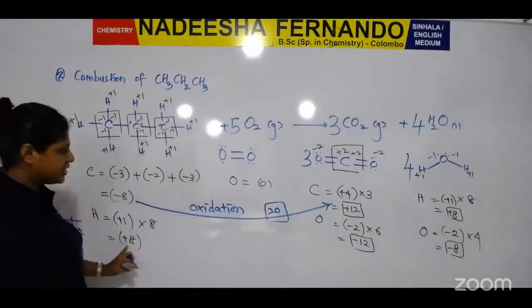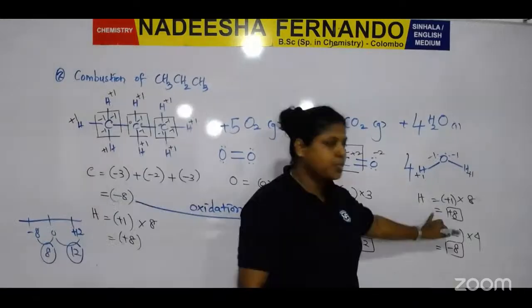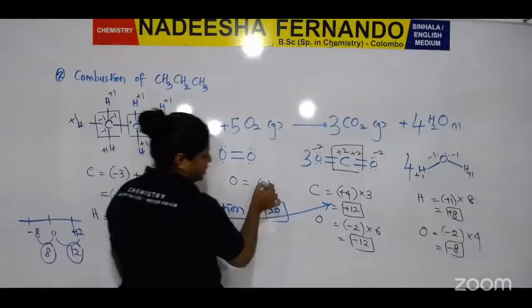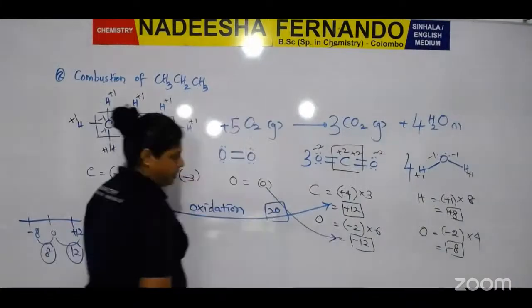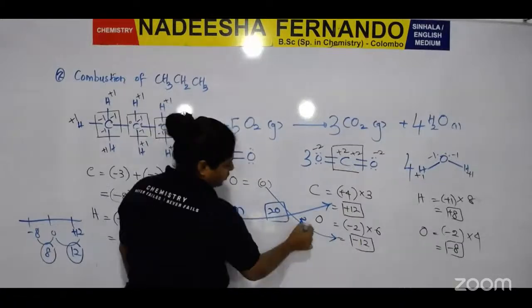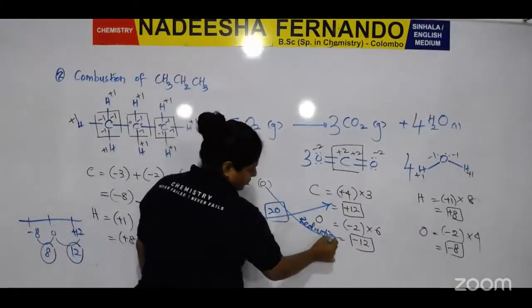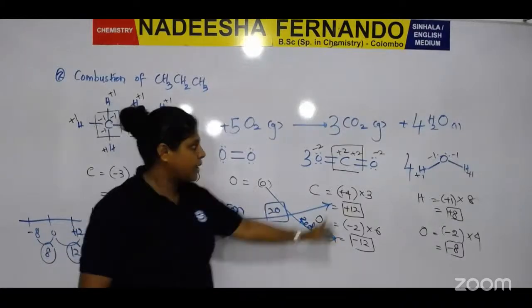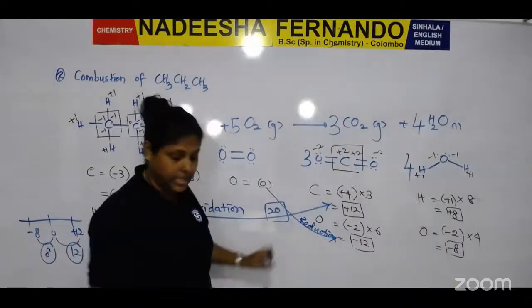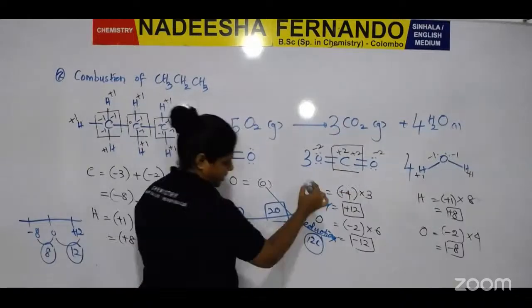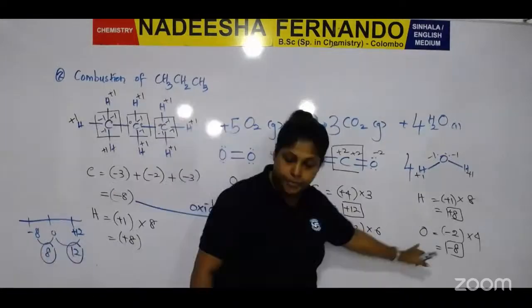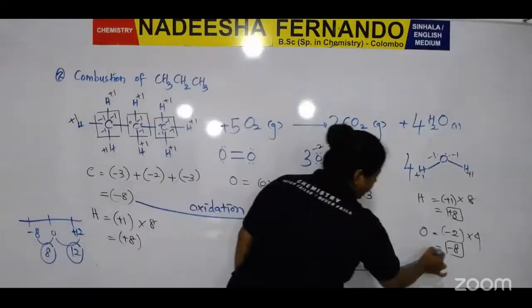Hydrogen is plus 1 here and plus 1 there, so hydrogen remains constant. When oxygen goes to carbon dioxide and water, negativity increases, so that is reduction. When oxygen forms carbon dioxide, 12 electrons are taken, and when oxygen goes to water, 8 electrons are taken.